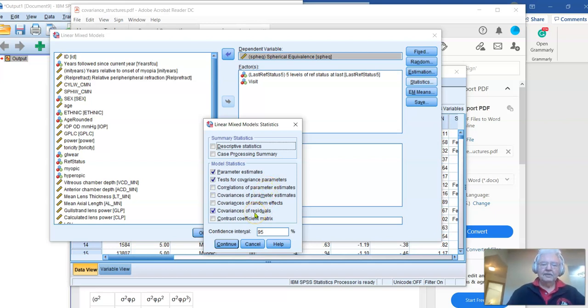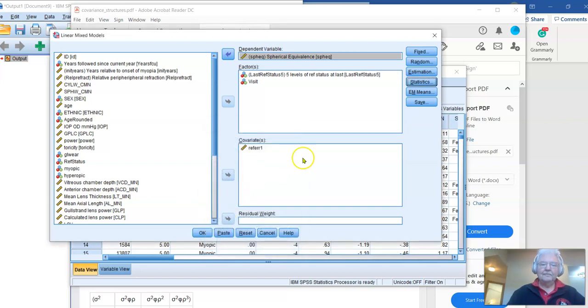We can look at the covariance of the residuals. We'd like for those to be accounted for, and they should be equal after we have done our initial selection of the structure. It should be close to equal, similar anyway.